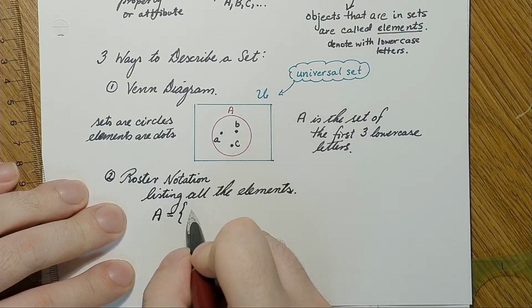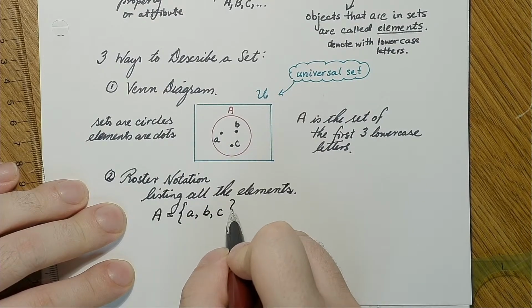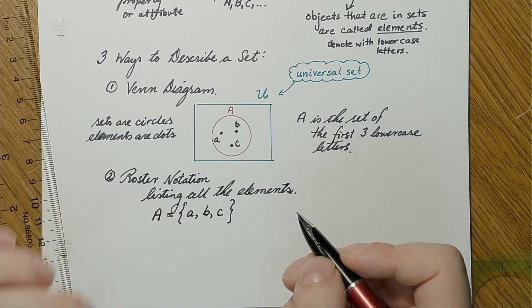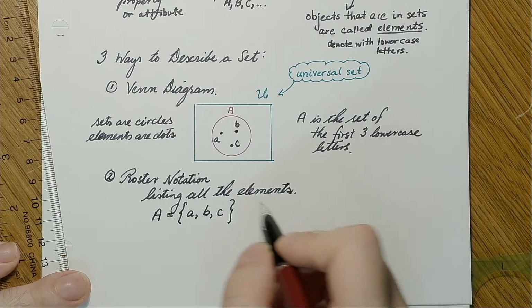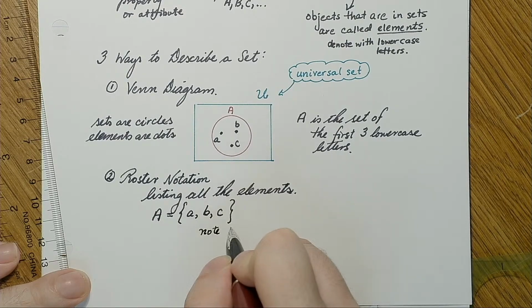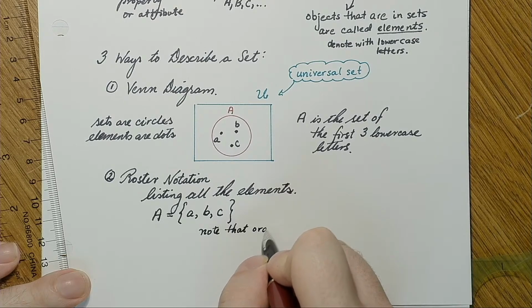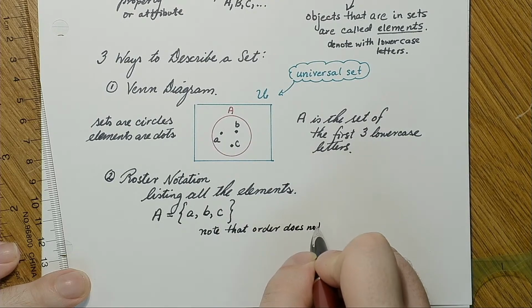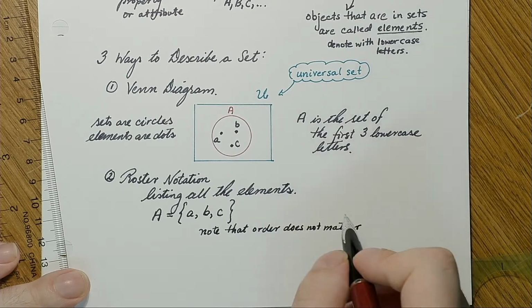So I have A, B, and C. Note that the order doesn't matter. But you only need to list them once.